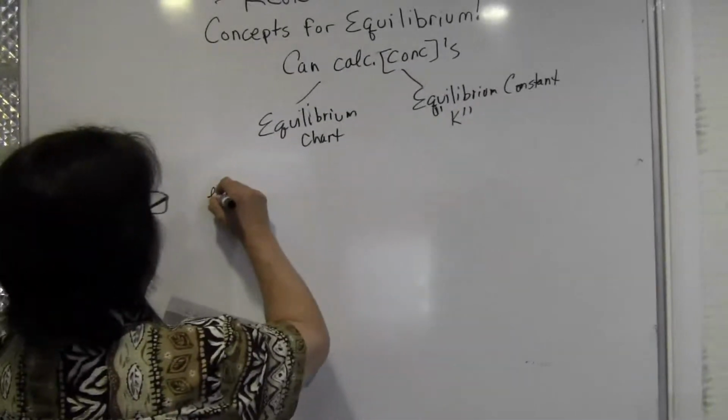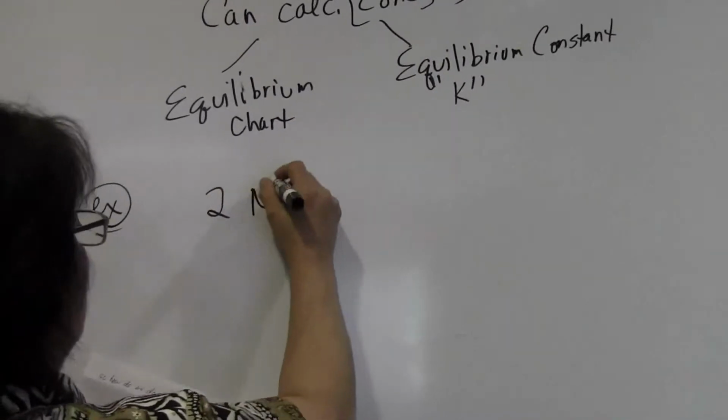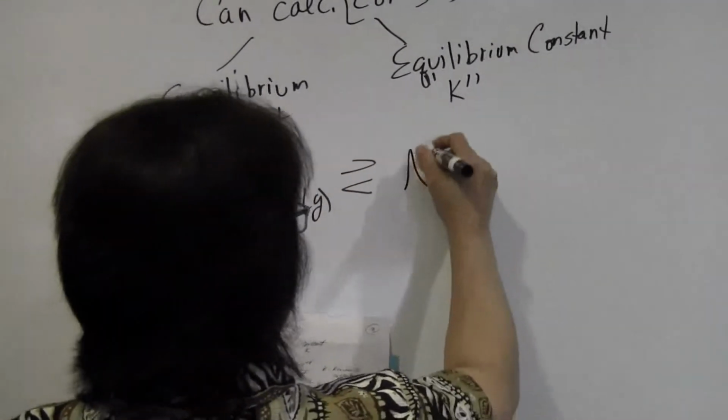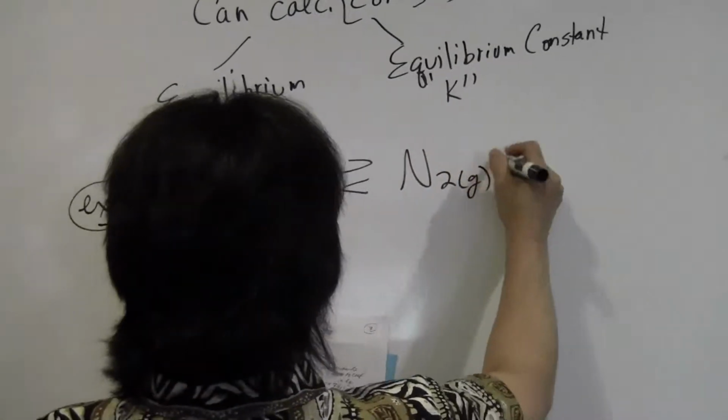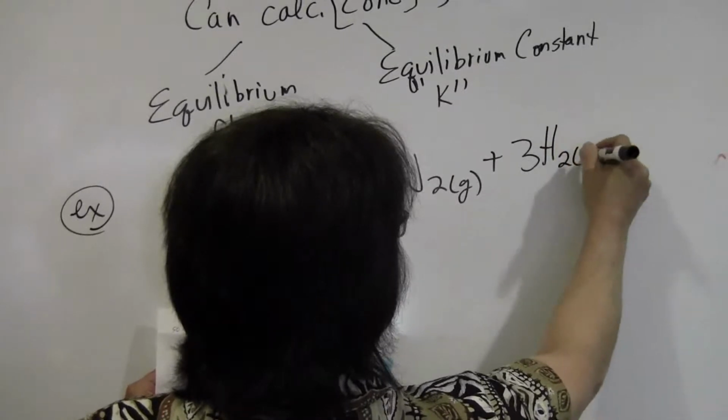If we had this reaction, 2NH3, ammonia gas, and the products that form over time are nitrogen gas and hydrogen gas.